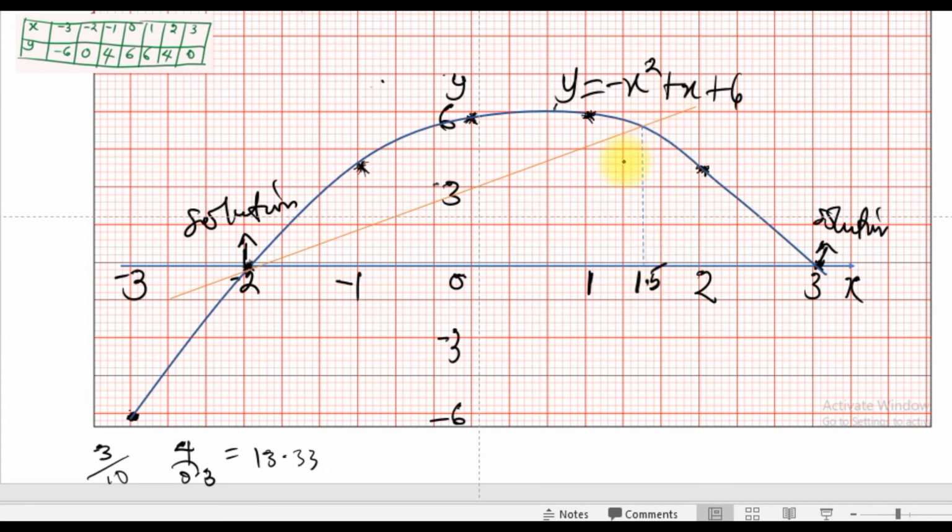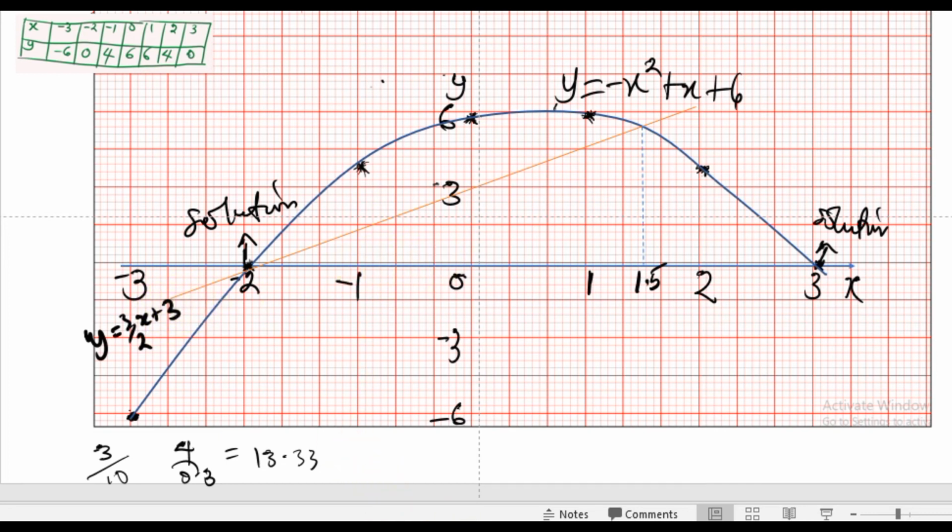So the answer is, our answer, remember this line y equals 3 over 2x plus 3.